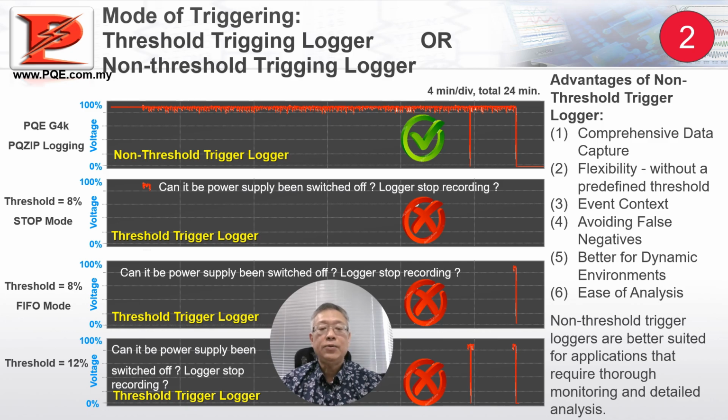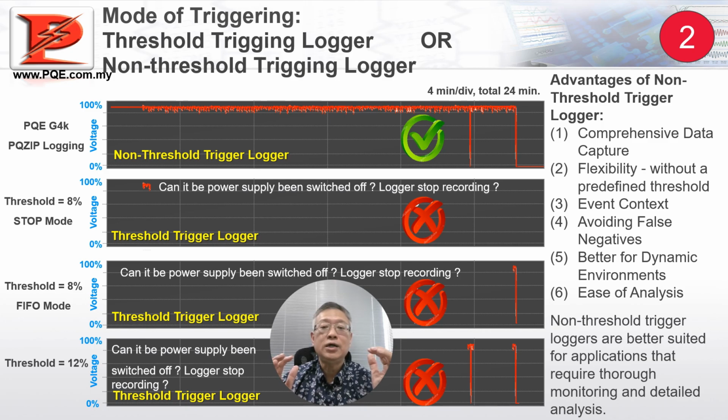Good news, our logger is non-threshold trigger. Our logger works on a principle similar to CCTV. It will continuously record all the time, regardless of whether events fall under the threshold or not, because no threshold needs to be set. So when you want to do a power quality study at a particular site, it's very straightforward.